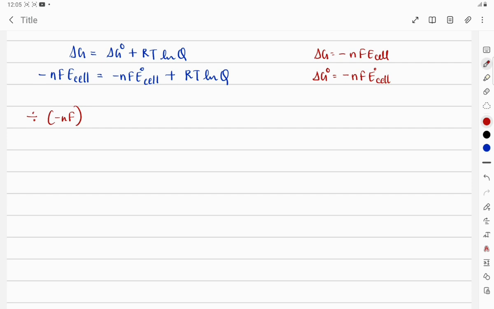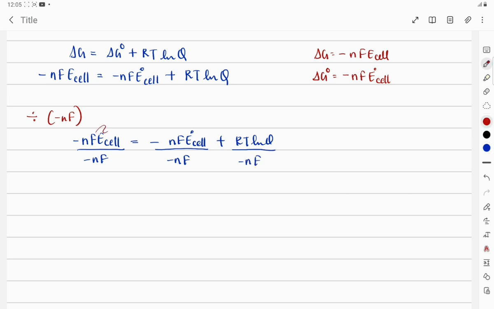I'll just rewrite it so there is no confusion: E cell is equal to minus NF E0 cell plus RT ln Q, divided by minus NF throughout.